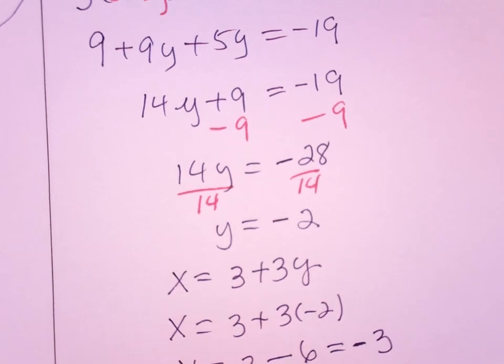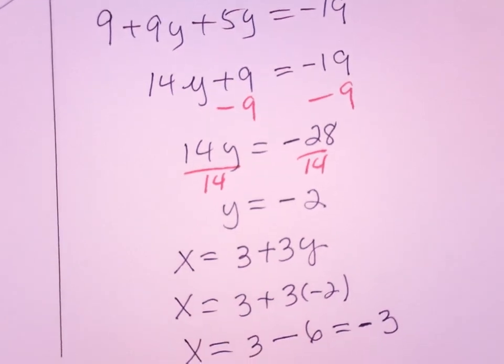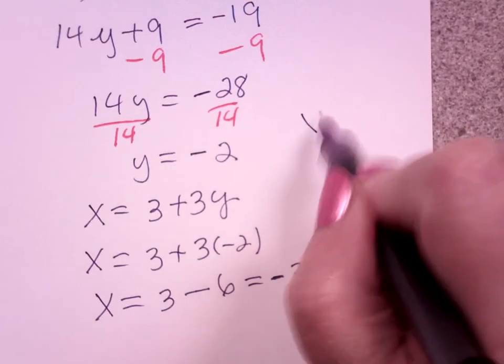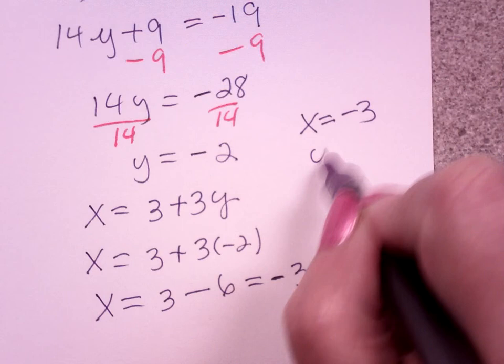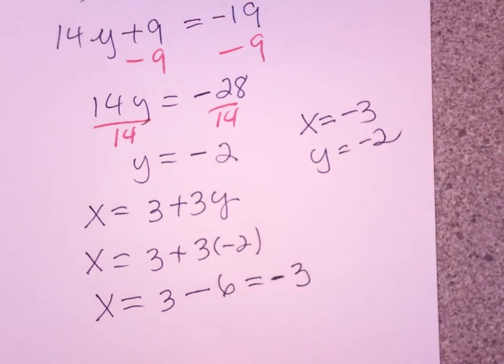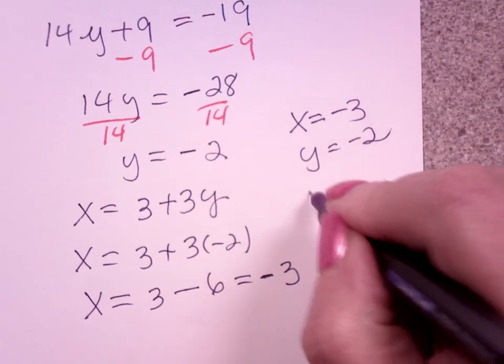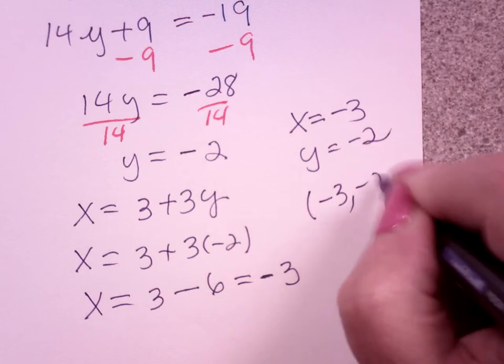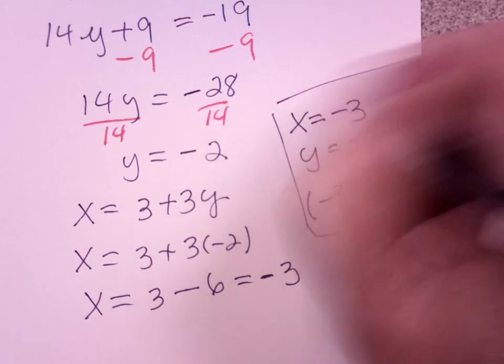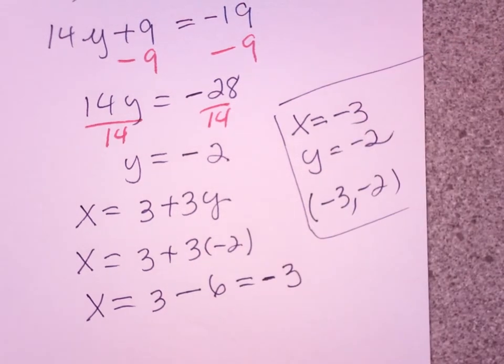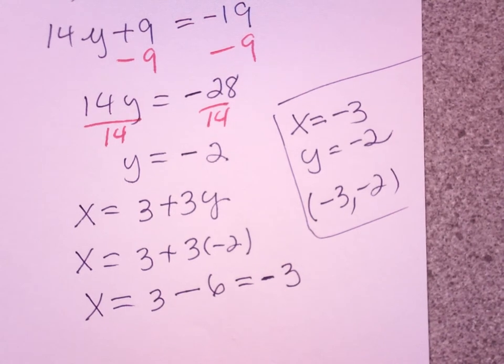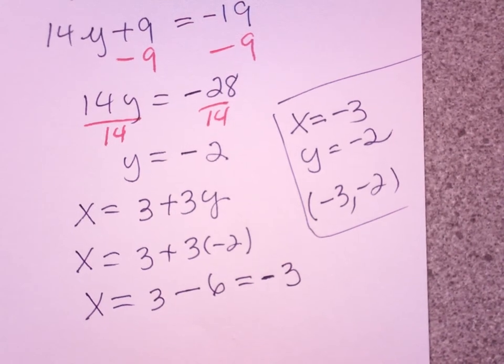So I got a negative negative. So this tells me that x equals negative 3, y equals negative 2, or the coordinate point (negative 3, negative 2). Now on your test, I normally ask you to write just x equals, y equals. In fact, I put little blanks in there for you to be able to do that.